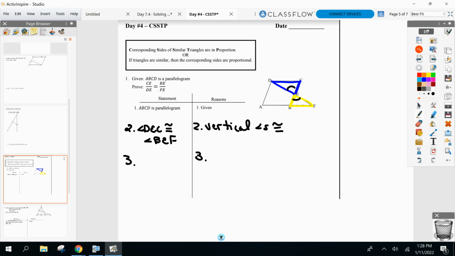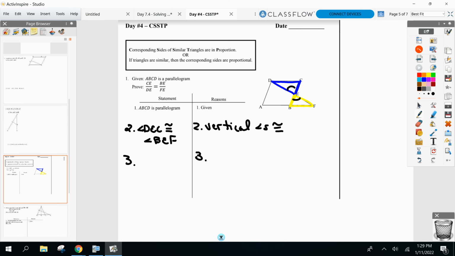And then our next step, extensions of parallel lines are parallel. Oh wait, ABF is parallel to DC. I think I did it wrong. You have to say extensions of parallel lines are parallel.